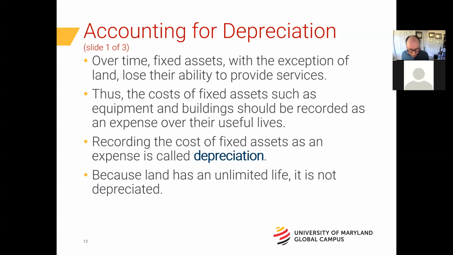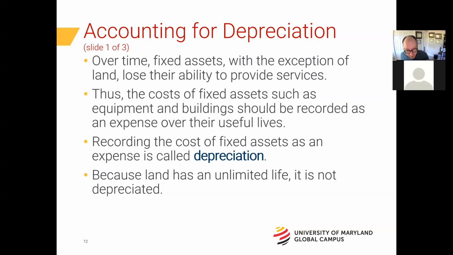What happens with everything except for land, right? Land doesn't fall apart. Land doesn't lose its value. Land is considered to be infinite. Everything else, on the other hand, the building, the equipment, the machinery, all of that depreciates over time because it loses its usefulness over time.